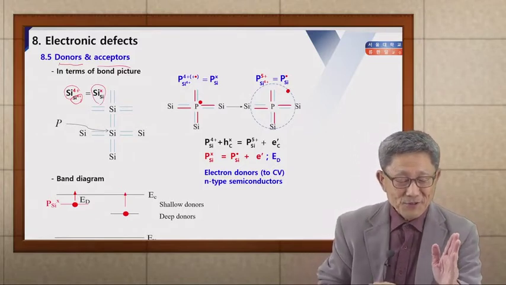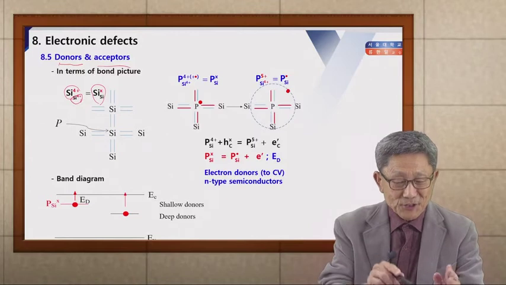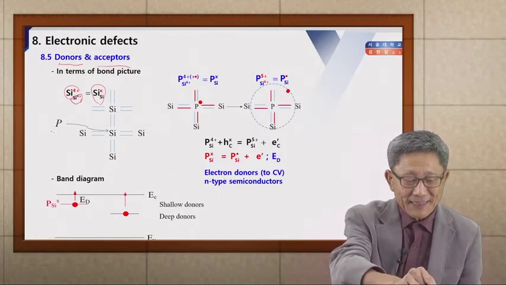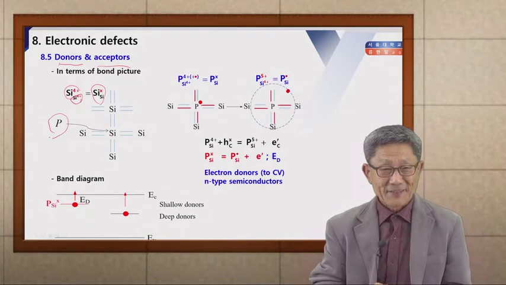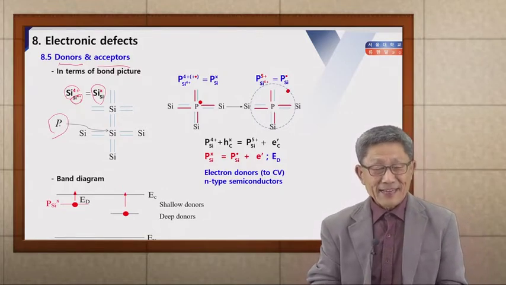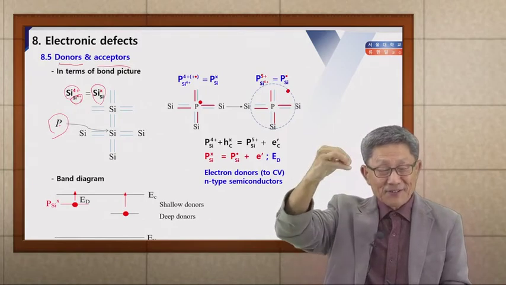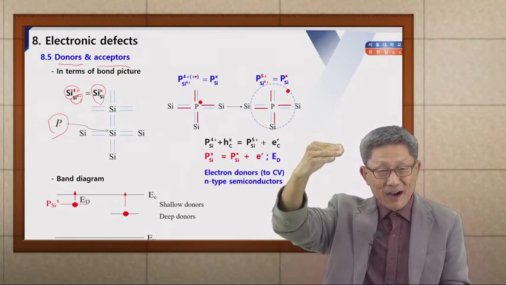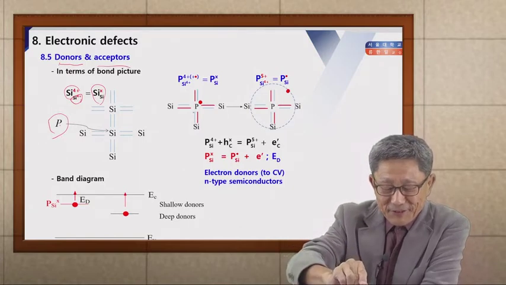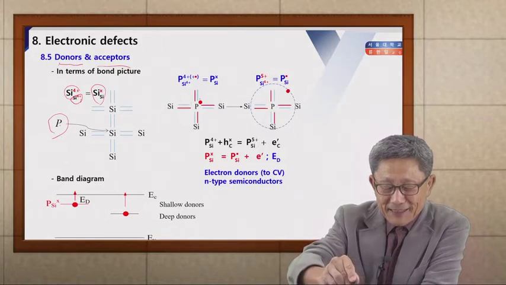Now, suppose that you are substituting this silicon with a pentavalent phosphorus atom. This phosphorus atom has 5 electrons on the outermost orbital. So suppose that you put one pentavalent phosphorus atom on the silicon site in this way.